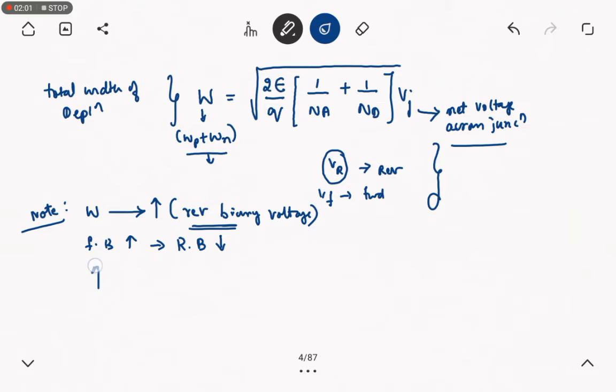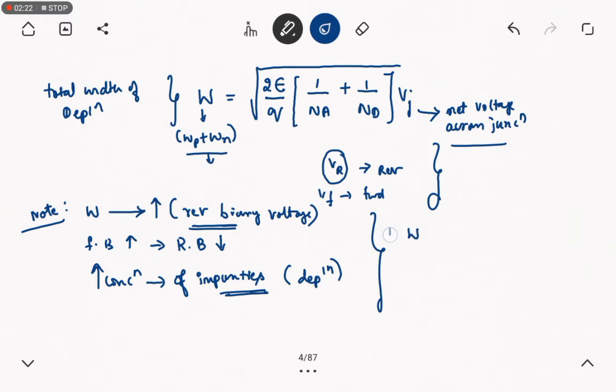Whenever there is an increase in the concentration of the impurities, the donor impurities which we are adding to the diode, as I have explained in the previous class, the width of the depletion region decreases. So we can write the first case: the width of the depletion region increases with reverse biasing and it reduces with the forward biasing.